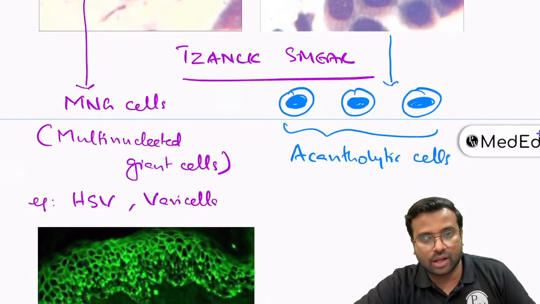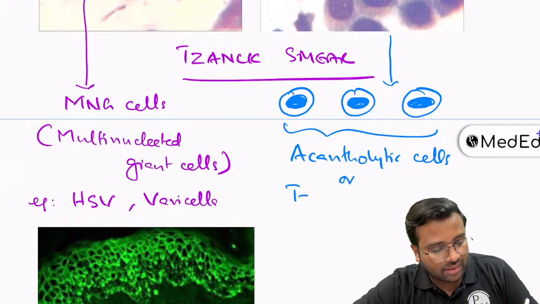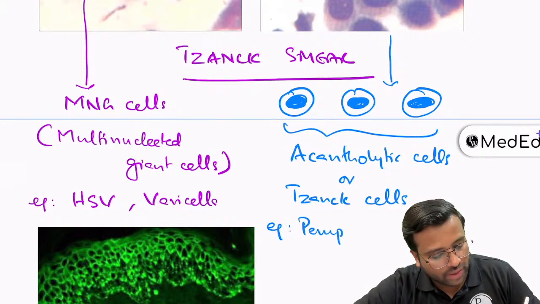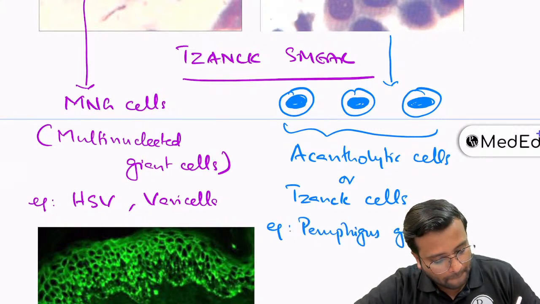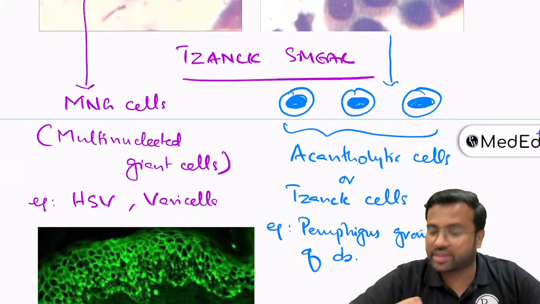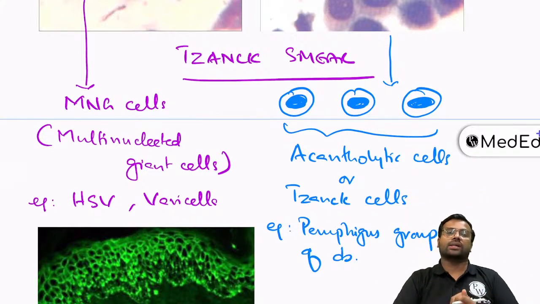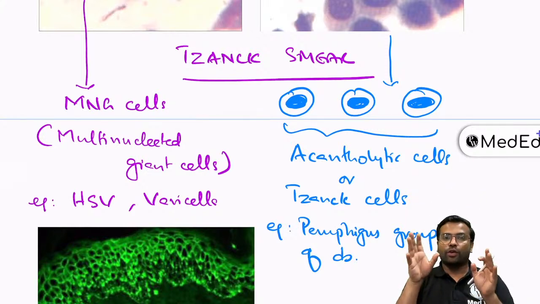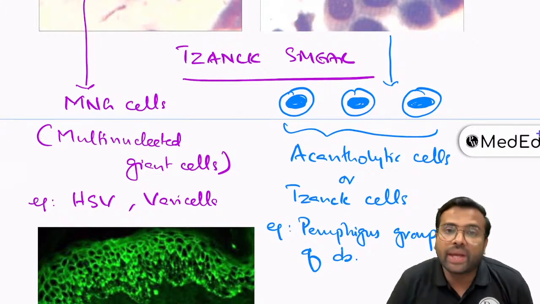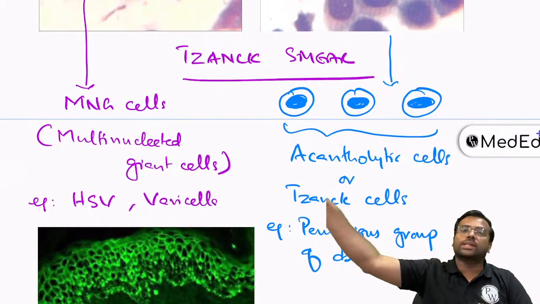Acantholytic cells or Tzanck cells, and this is seen in the pemphigus group of diseases. Yes, so this is going to be acantholytic cells. So now it makes sense. Whenever you find a patient who is having vesiculo-bullous lesions over the trunk, it makes sense to send this patient for a Tzanck smear.